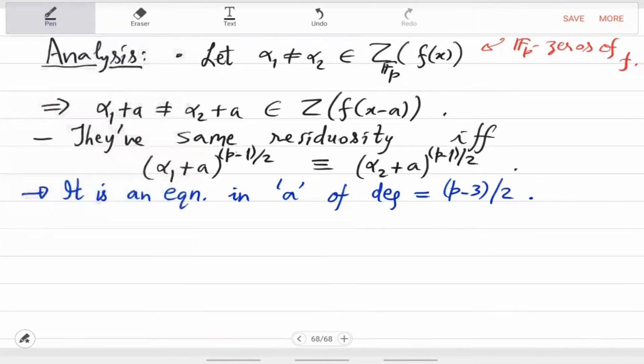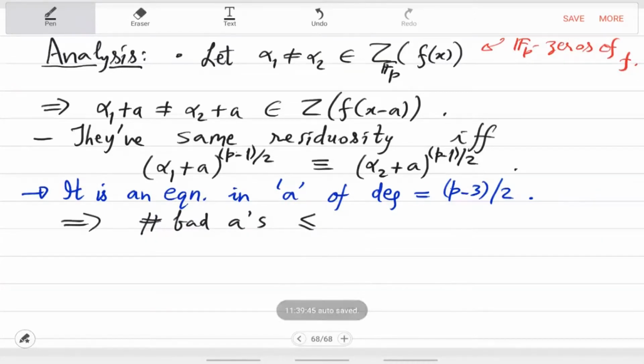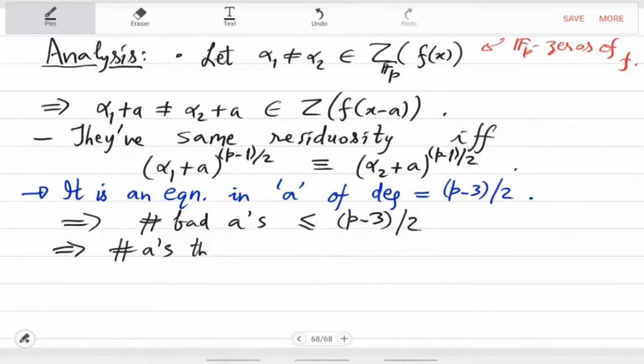Which is very small. So this means that the number of bad A's is less than or equal to (p minus 3)/2. Right, which means that the number of A's that discriminate alpha 1 from alpha 2, or let's be precise, the number of A's for which one fails is a lot.